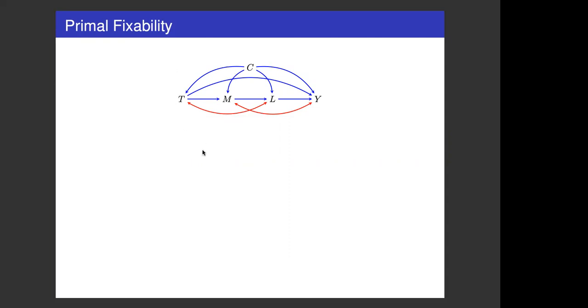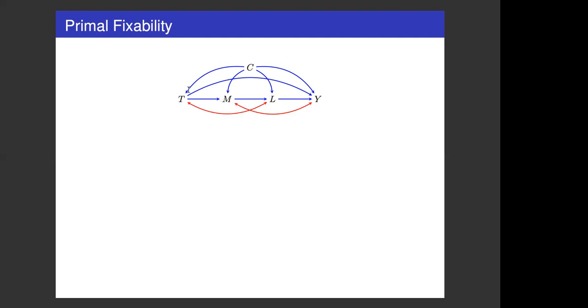So if you look at this ADMG right here, it turns out that the treatment is not adjustment fixable. Why? Because of this bidirected path from T to L, and L being a descendant of T. However, what is true in this ADMG is that there is no bidirected path from T to any of its direct children.